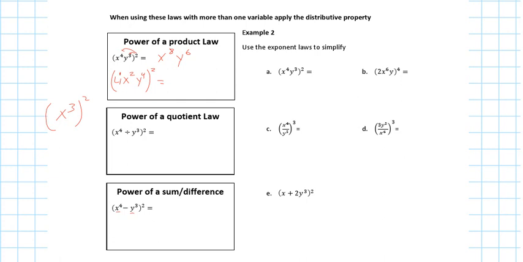So if you look at this, that's going to be 4 to the power of 2, x to the power of 4, y to the power of 8. So that 2 is going to multiply with each exponent, including the coefficient.